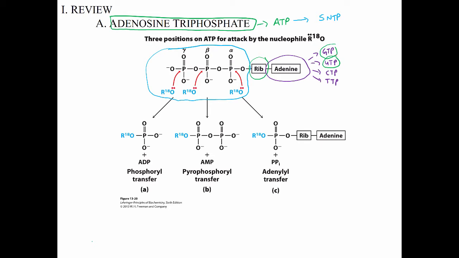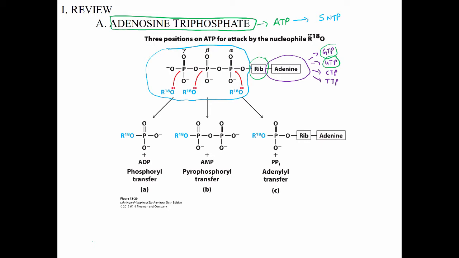CTP and TTP are rarely used in energy metabolism. Okay? And when we see GTP and UTP either made or generated from a catabolic pathway or used in an anabolic pathway, we talk about them as being ATP equivalents simply because from an energetic standpoint they are equivalent.